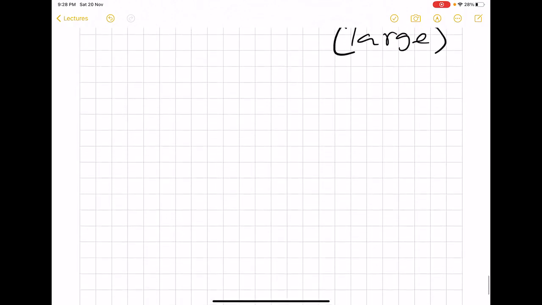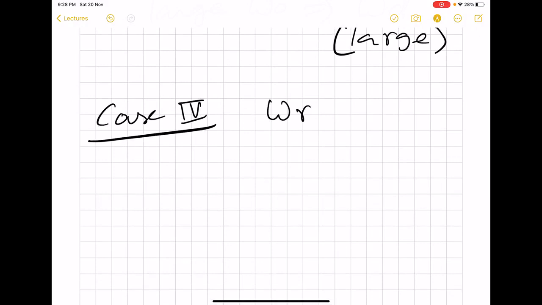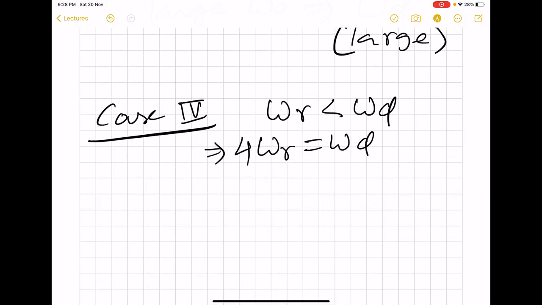Similarly, we can take a case where we have a reverse scenario. That means omega r is less than omega d, and we can again take the example that 4 times omega r is equal to omega d.